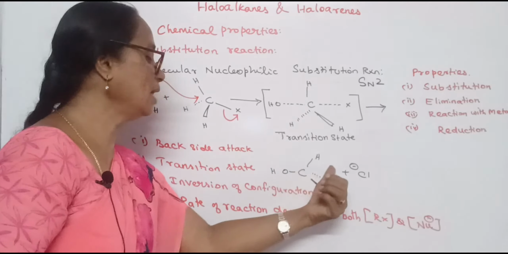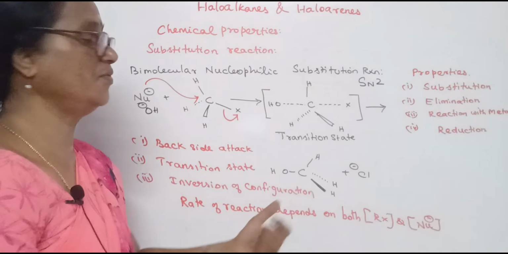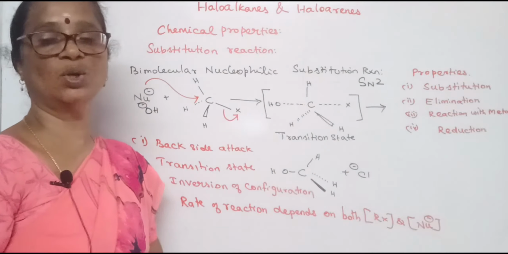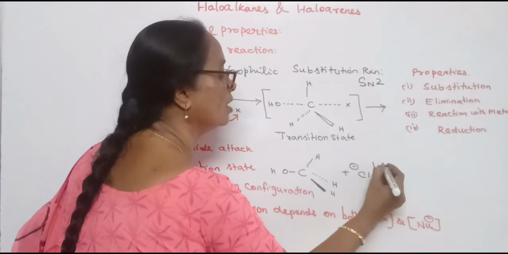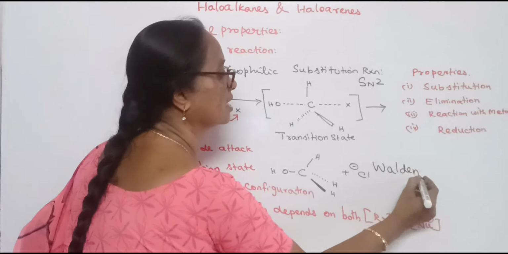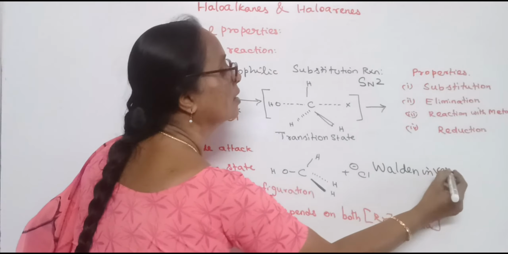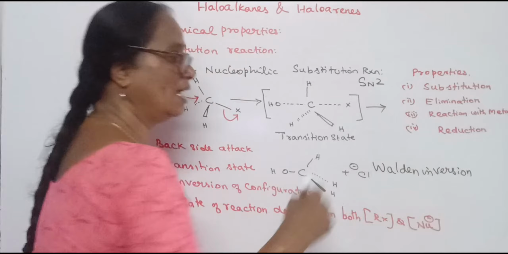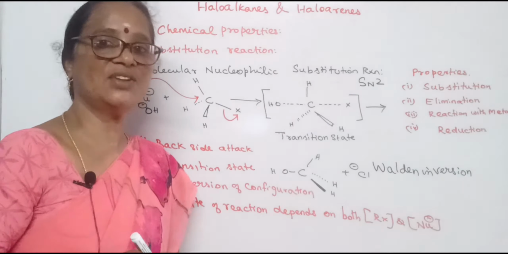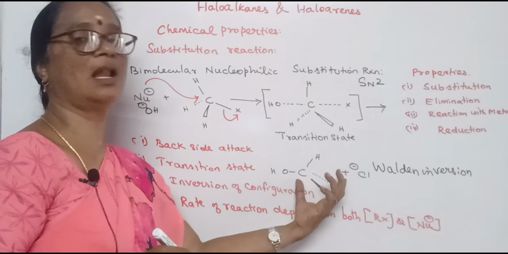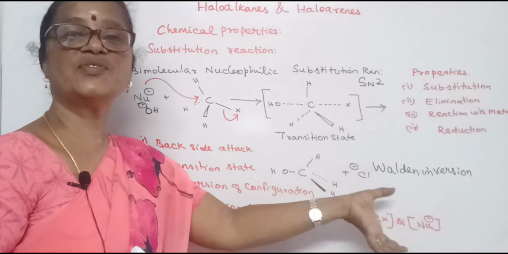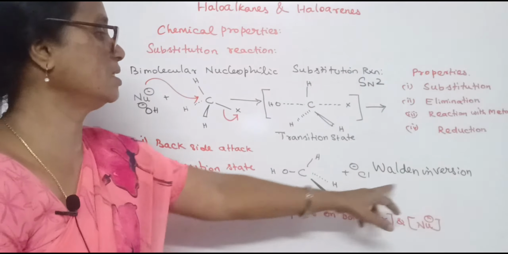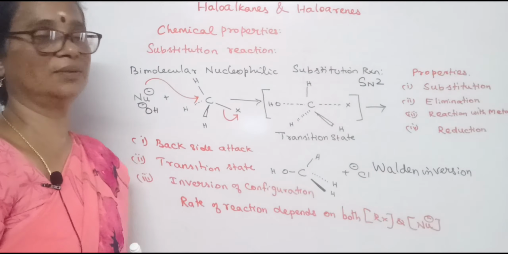This is known as inversion of configuration, and it is also known as Walden inversion. It is called Walden inversion because Walden first identified the change in spatial arrangement of the groups attached to the substrate after the reaction.